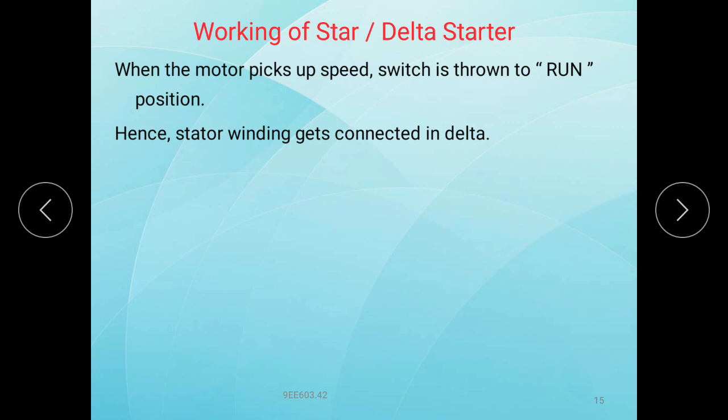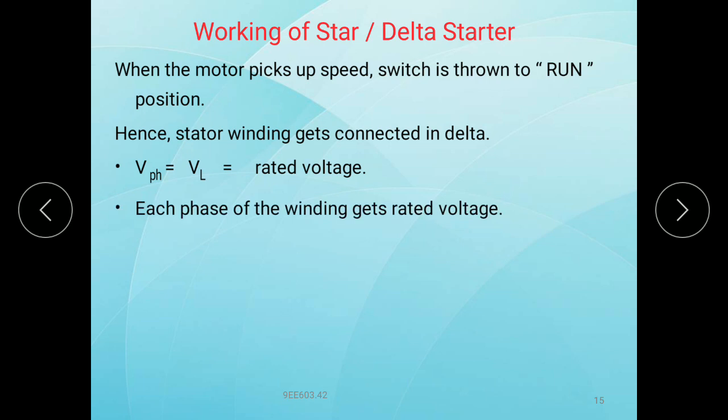Hence, the stator winding gets connected in delta. Now, V phase is equal to VL, rated voltage. Now, each phase of the winding gets rated voltage.